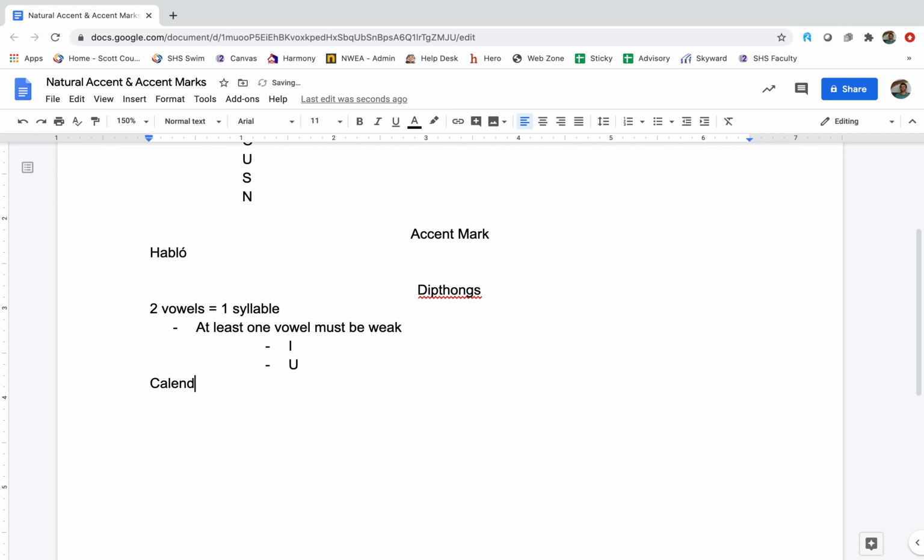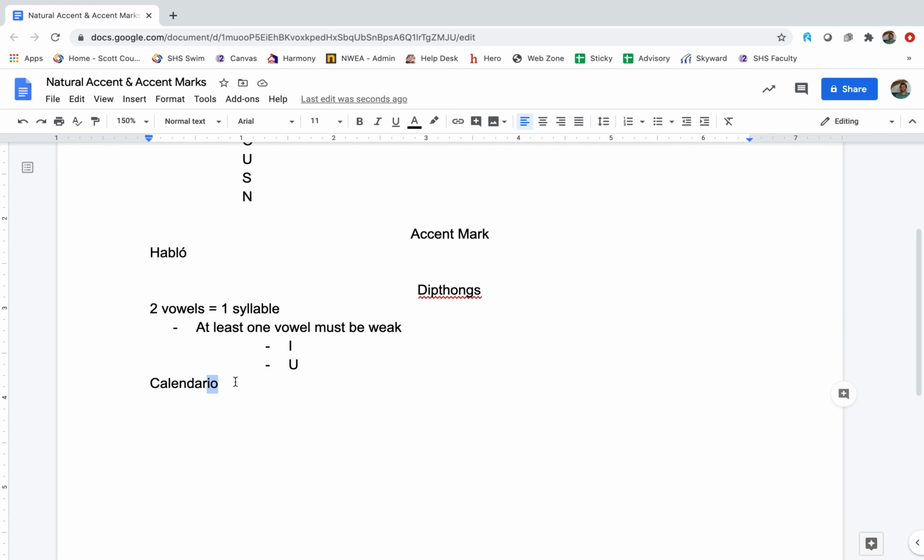In the word right here, I don't want to say it out loud because that would tell you how to pronounce it. So we look at this word, and do we have any part of this word that has two vowels right next to each other? Yeah, the ending right there has two vowels next to each other. Is at least one of those vowels weak?